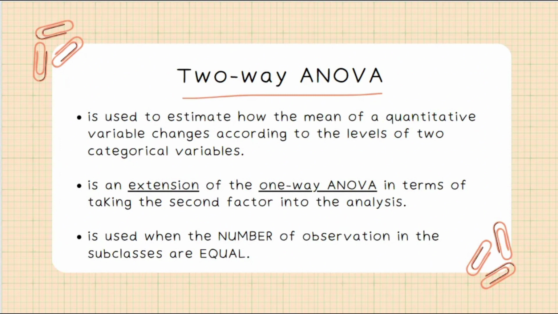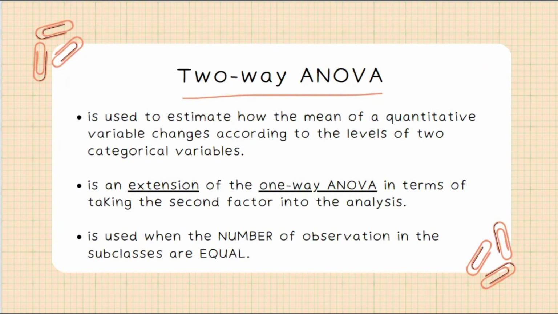It is an extension of the One-Way ANOVA in terms of taking the second factor into the analysis. So ang One-Way ANOVA kay only one factor ang gigamit, while the Two-Way ANOVA is two factors ang gigamit, first and second factor, or factor A and factor B. And then it is used when the number of observations in the subclasses are equal. So for example, two groups, first group is for boys, second group is for girls.